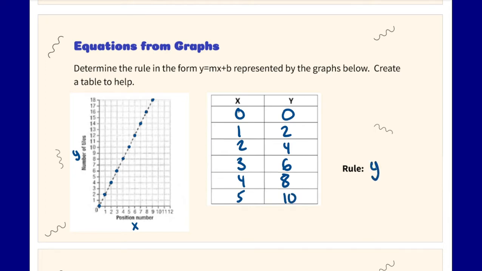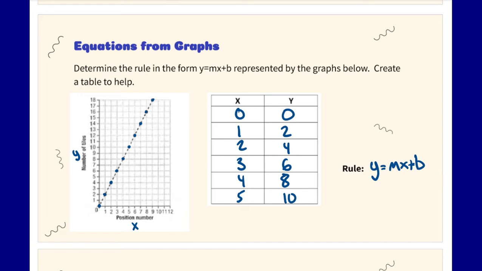Again, for our rule, we want y equals mx plus b as our general form. Anytime we are asked to come up with a rule, that's what the form should be. Right? m is the multiplier, change in y over change in x. b is the constant, the y-intercept, initial value, when x equals 0, the y value.